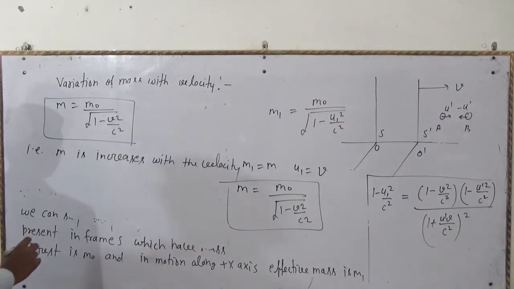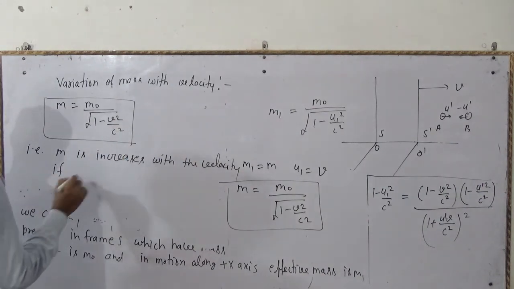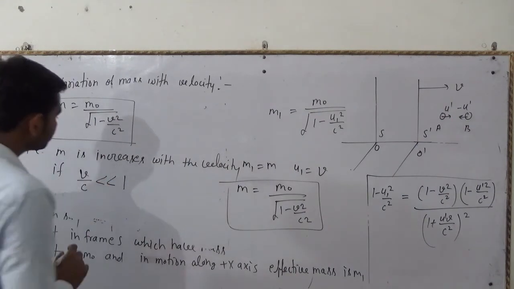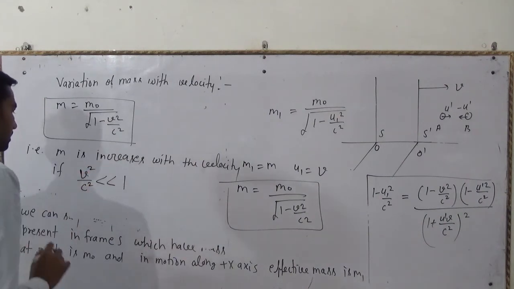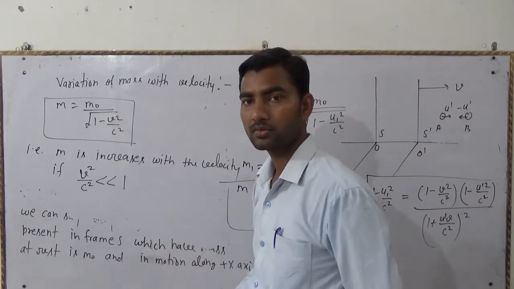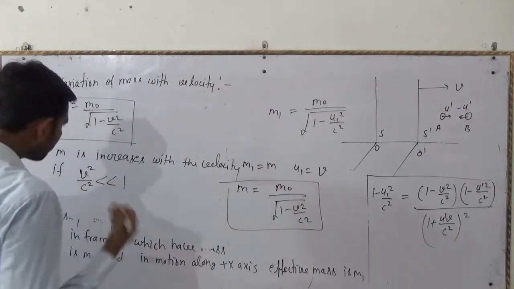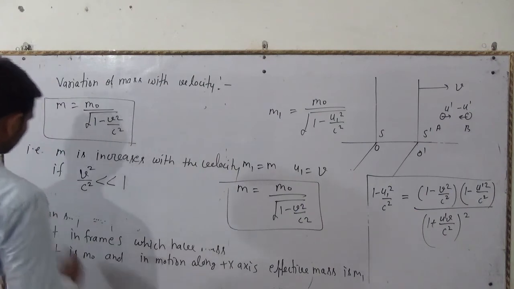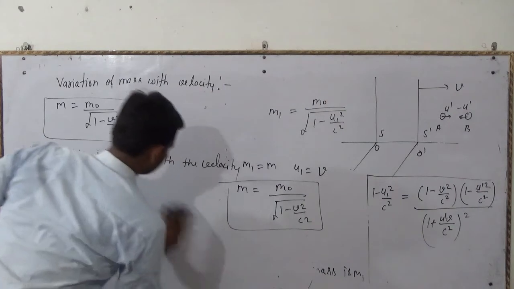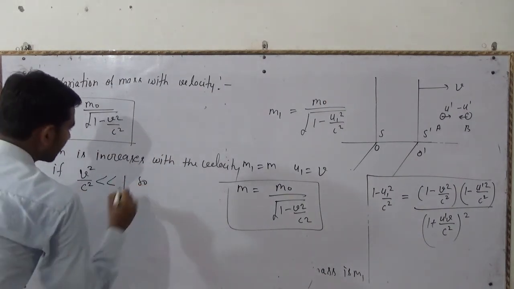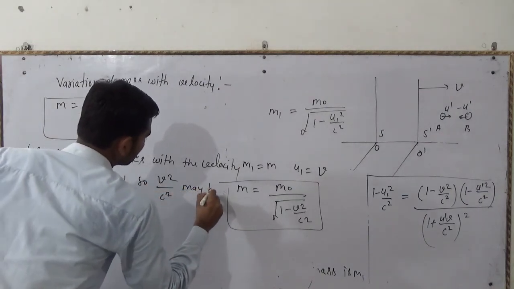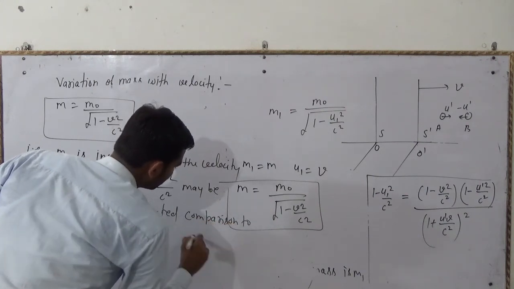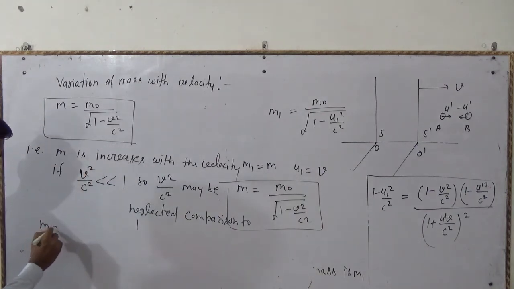Friends, we can say if v by c is very much less than 1, or in other words, v square by c square is very much less than 1, then in comparison to 1 we can neglect v square by c square, and we will find m is equal to m naught.